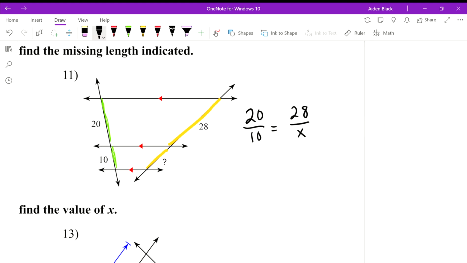Now just looking at this, I feel like I know the answer. Since this length is half of this length, we know that this length must be half of this length. So 28 divided by what equals 2 is one way to think of it. But we can cross multiply.